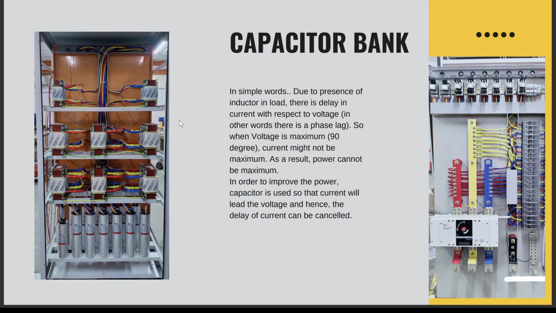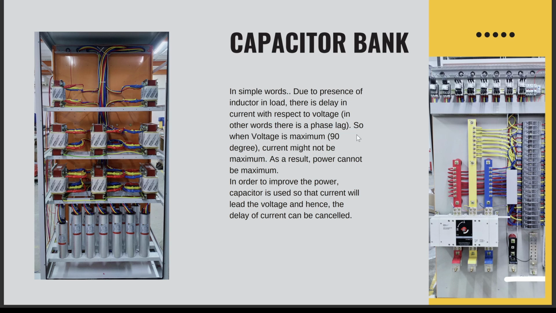Next part is the capacitor bank. In simple words, due to the presence of inductors in a load, there is a delay in current with respect to voltage. In other words, there is a phase lag.